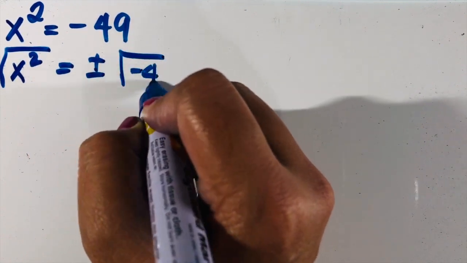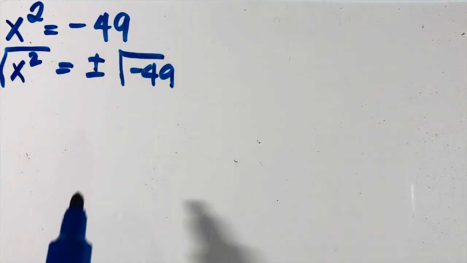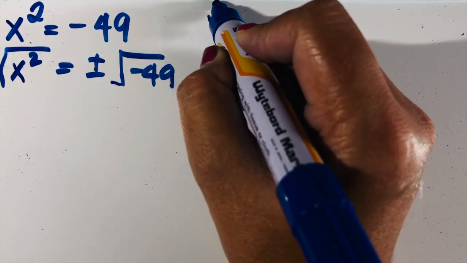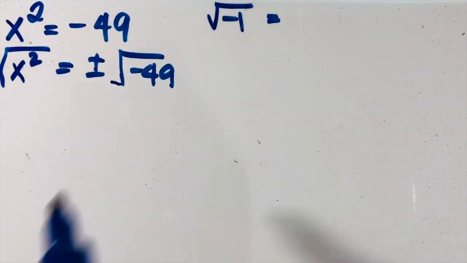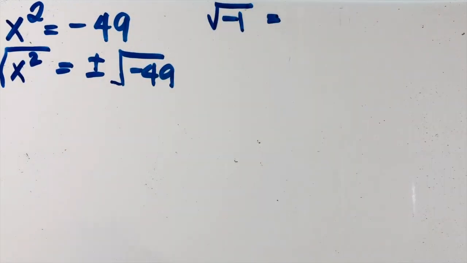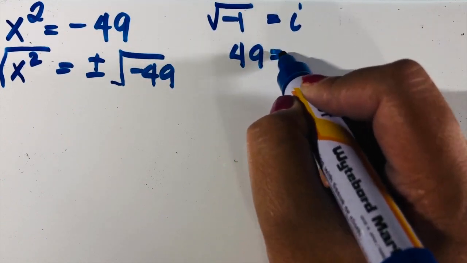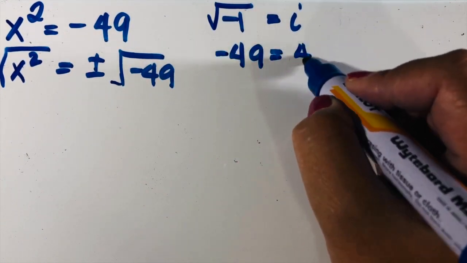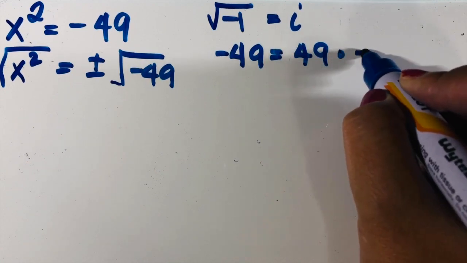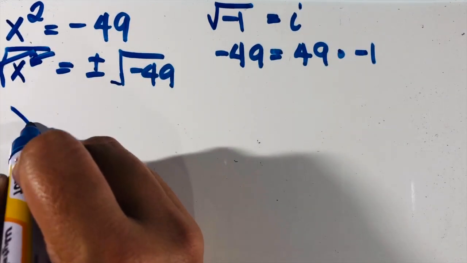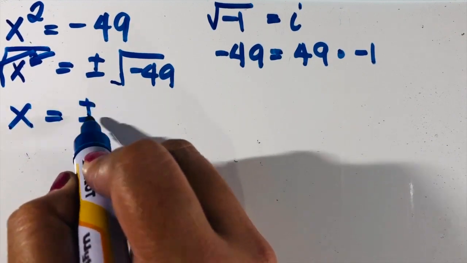This is negative 49. Any number under the radical sign which is negative is imaginary. What is the value of square root of negative 1? That is i. So, let us factor negative 49. This will be 49 times negative 1.